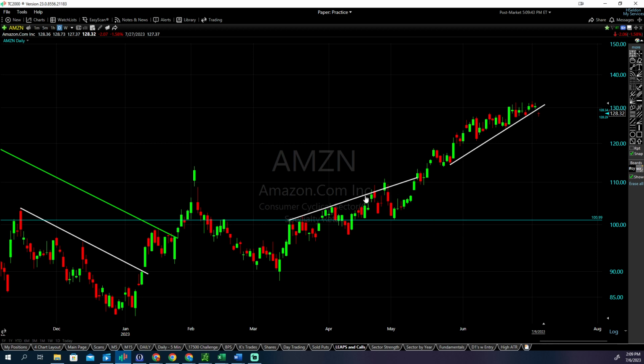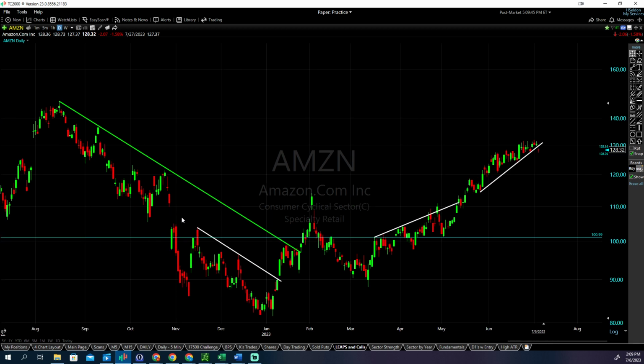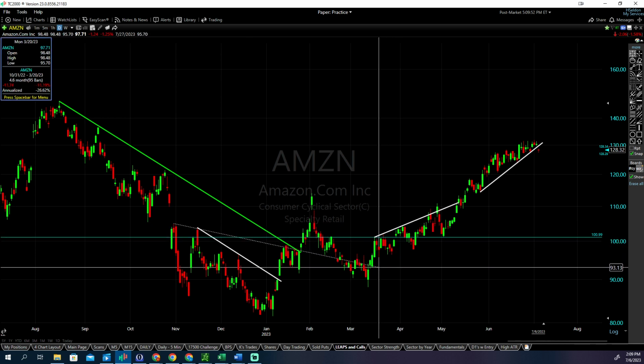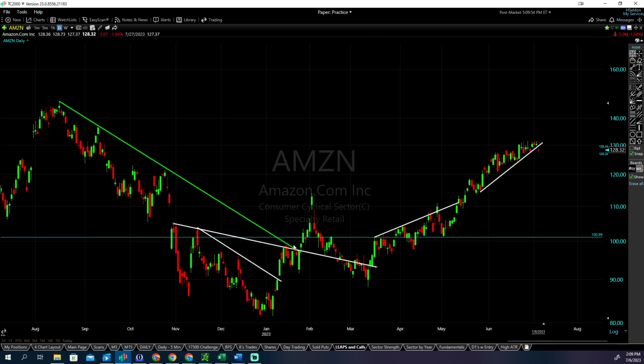This is okay. What is not okay is taking a line like this and going all the way through these candles. That you cannot do. That is not a valid line. That line stops here, right at this point.